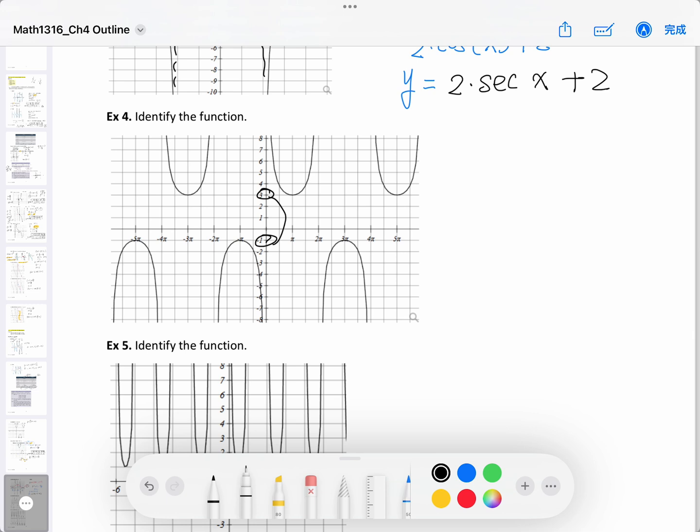So in the middle must be y is equal to 1. So let's clear the mess. And then draw the center line. So y is equal to 1.